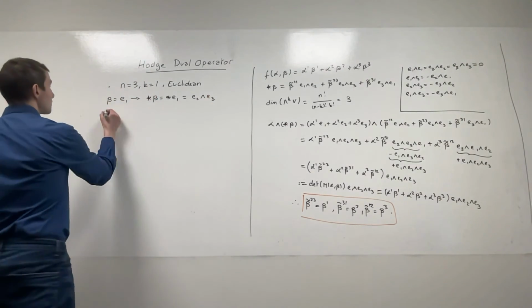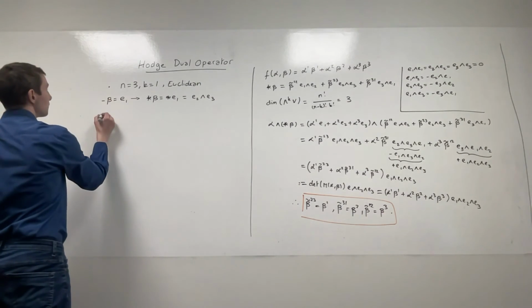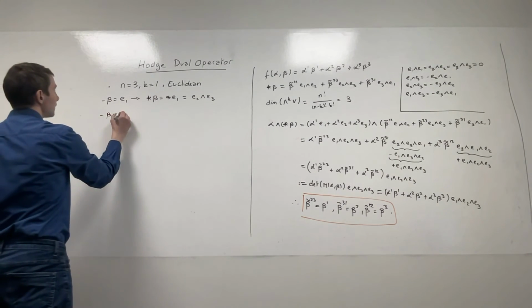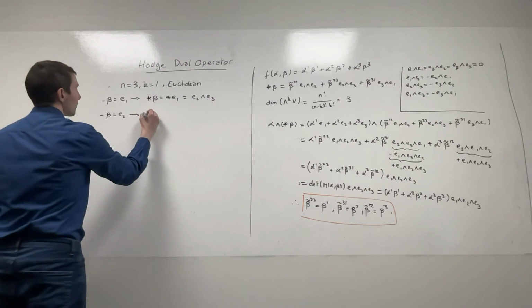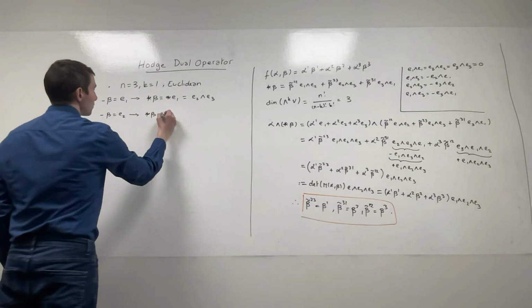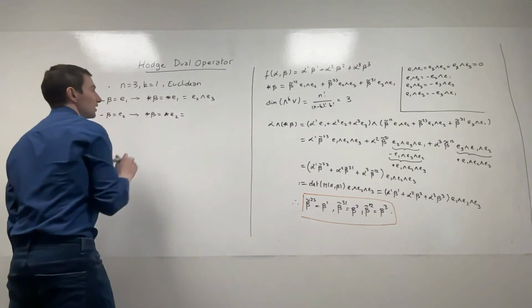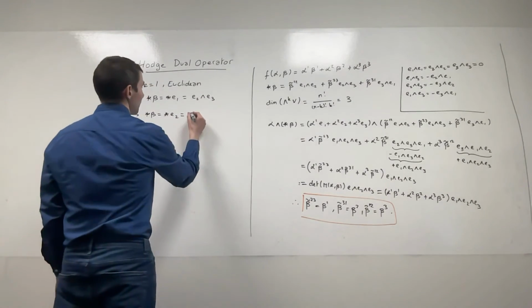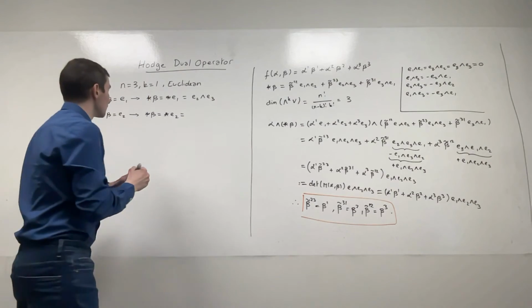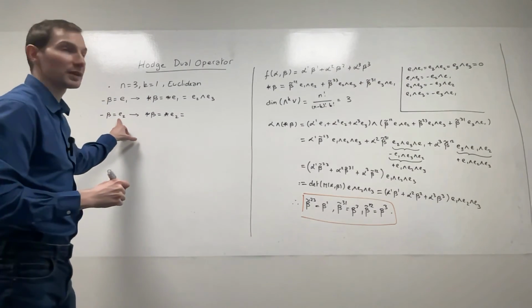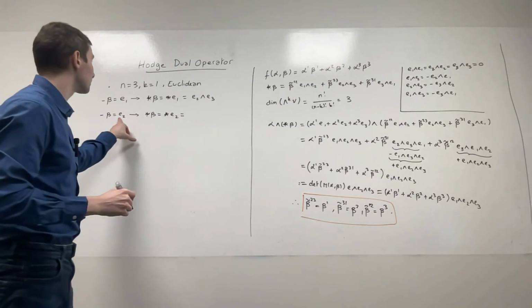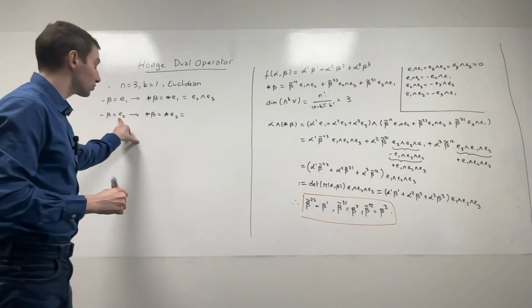And in fact, you can do the same, so that's a kind of first case. You can do the second case, E2. So you've got the dual of beta is equal to star E2. And that's going to be, if you look at it, again, the only non-zero here is beta 2.